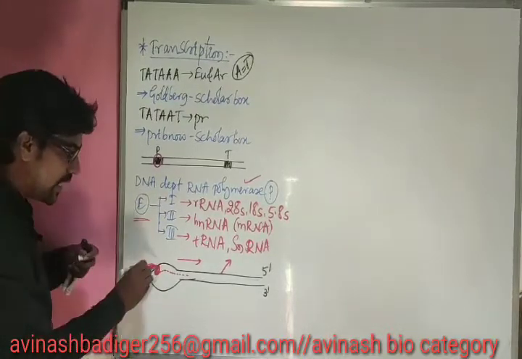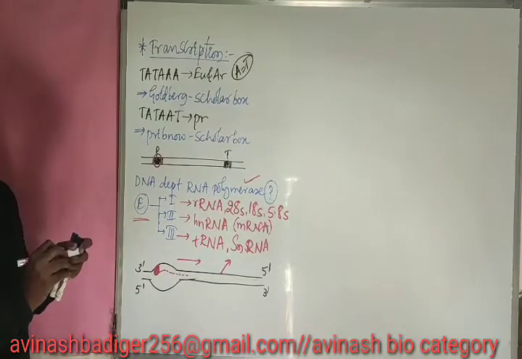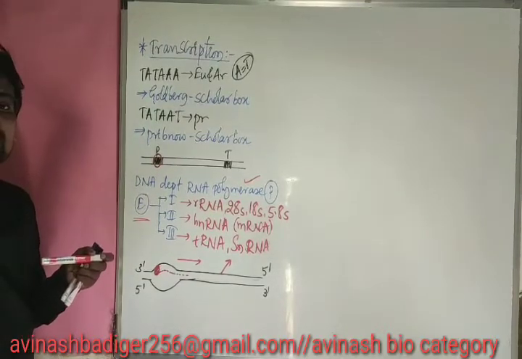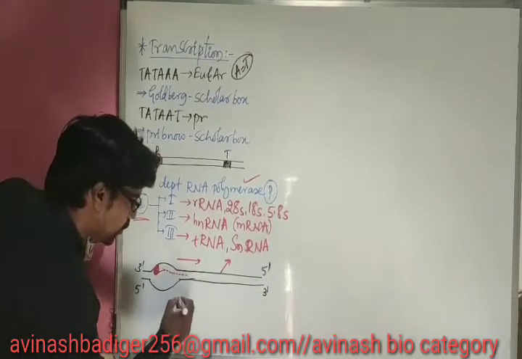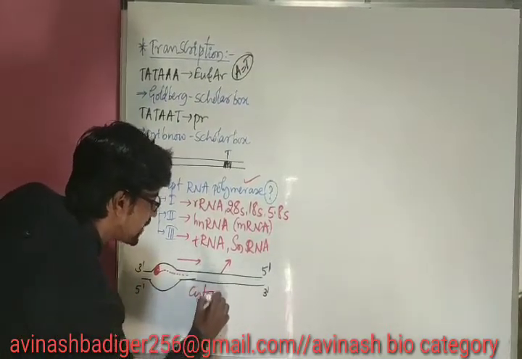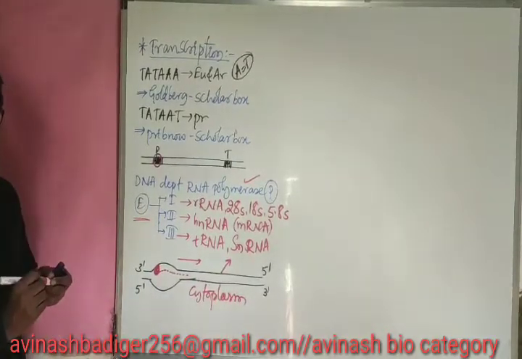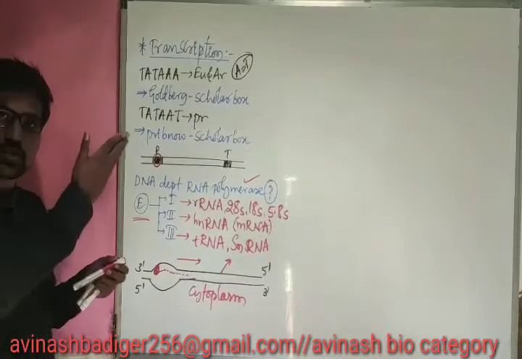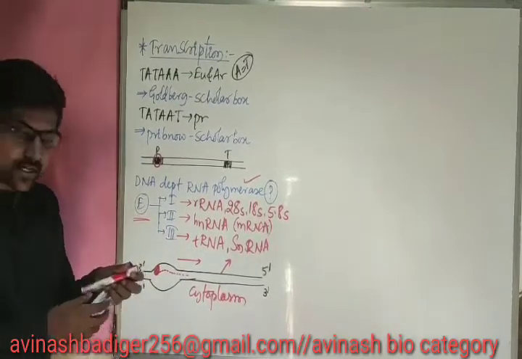When it is moving, it goes on adding the complementary nucleotides, right? So already complementary nucleotides are present in cytoplasm. Why? Because this process occurs in the cytoplasm, not in the nucleoplasm, right? That replication occurred in the nucleoplasm. So here in the cytoplasm, free nucleotides are already present.